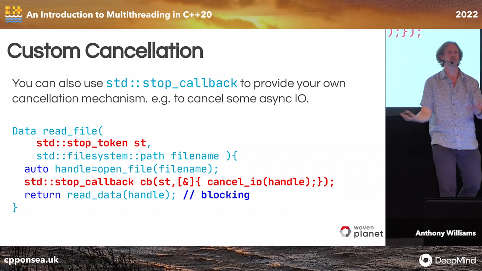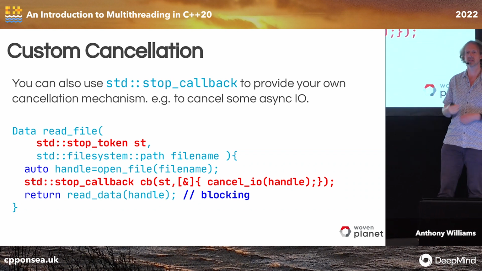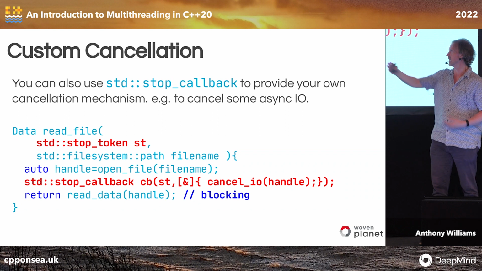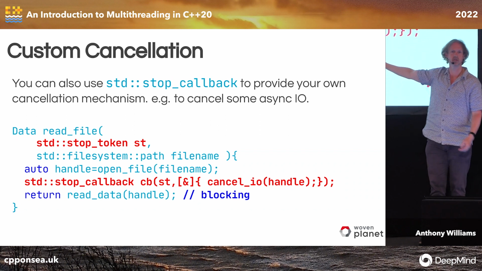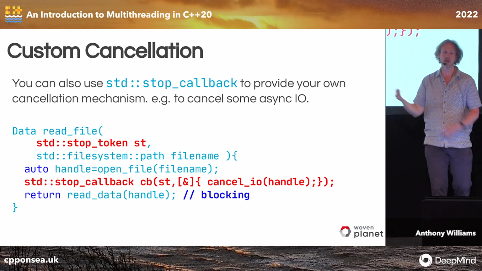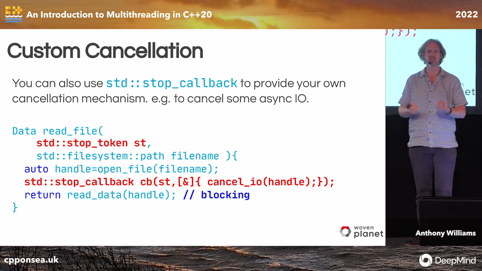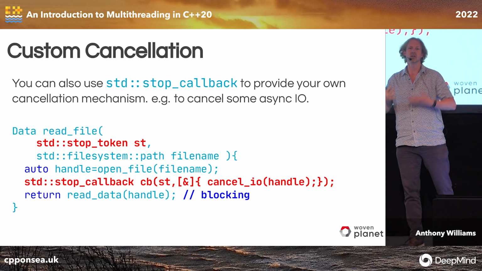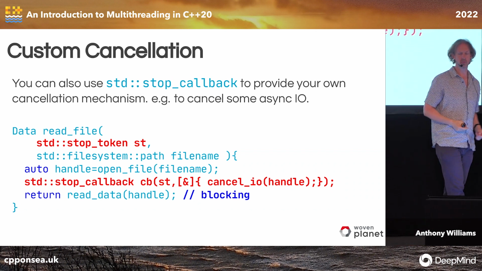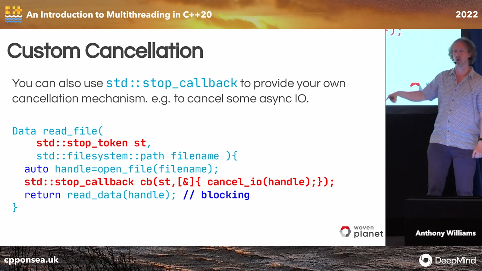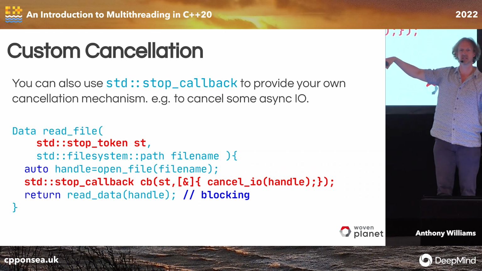And the I/O library we're using says, you can interrupt this operation by calling cancel I/O, given the handle. It knows nothing about stop tokens in and of itself, but this stop callback allows us to say, when you request that our operation stops, then call cancel I/O on this handle, because this is the operation that's being interrupted.